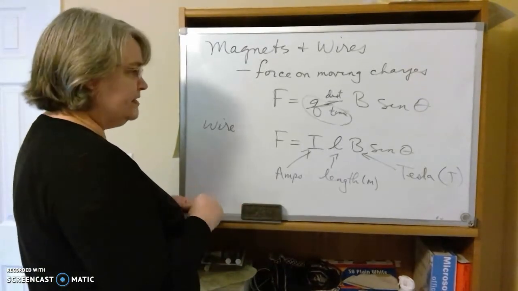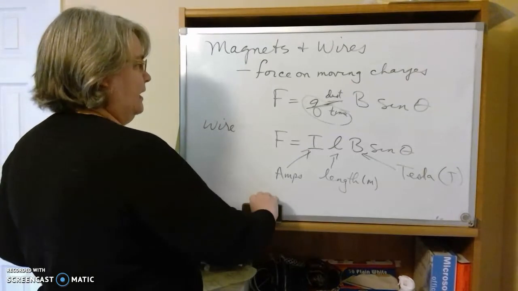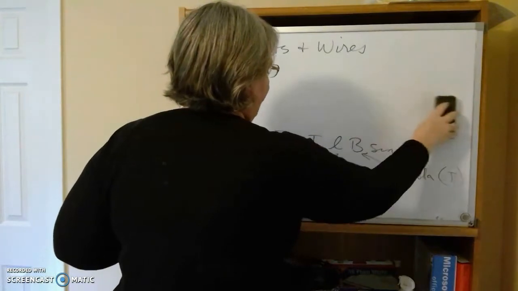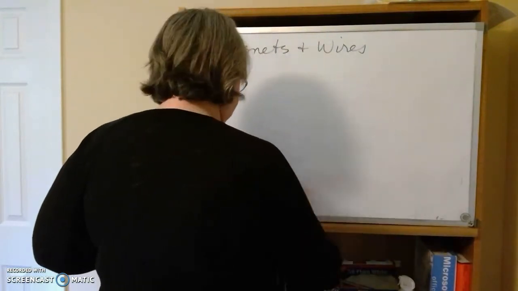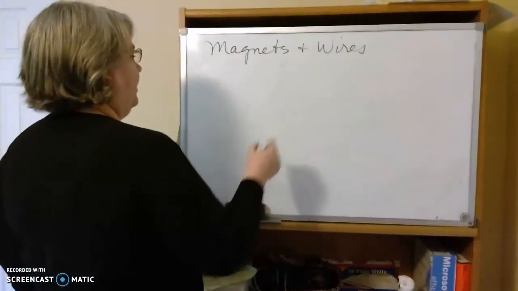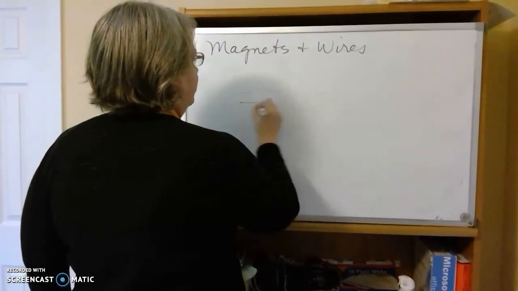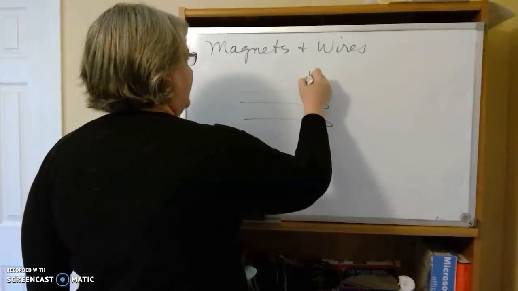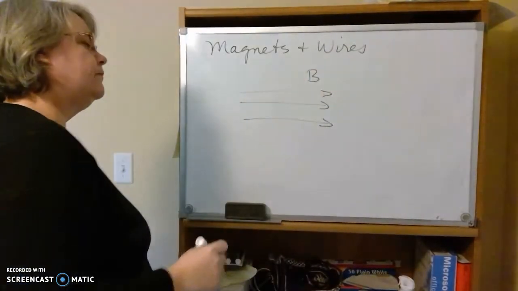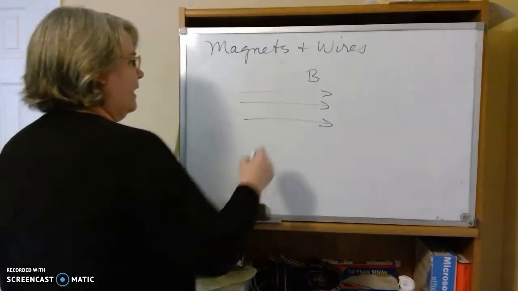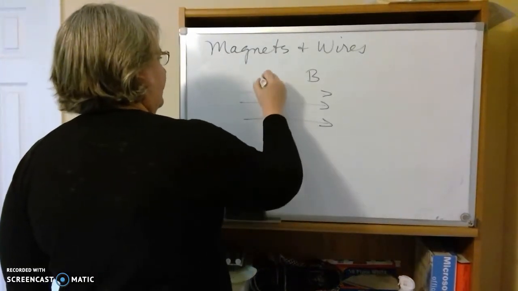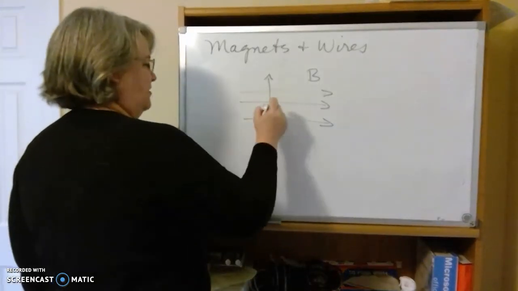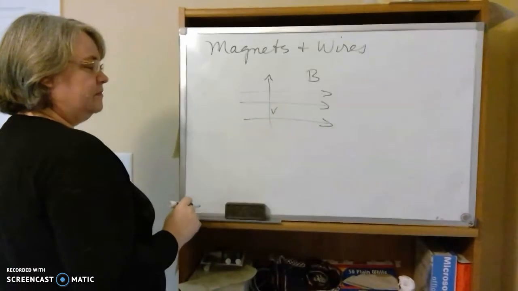Okay, now where does that point? Well, it points in the same way that it does with the right hand rule. So in the right hand rule, if I have a B field, and I have a velocity, that looks like here, a velocity, right?